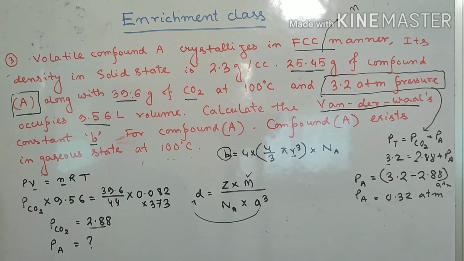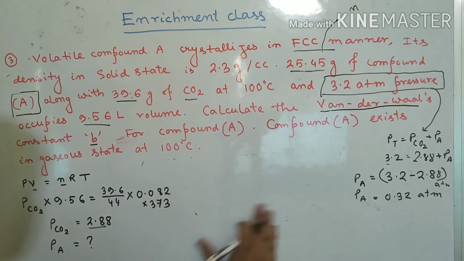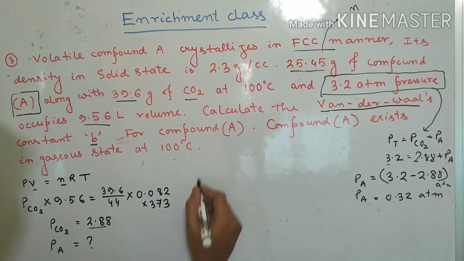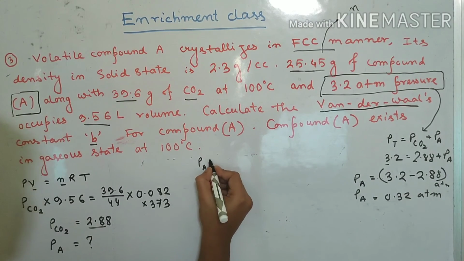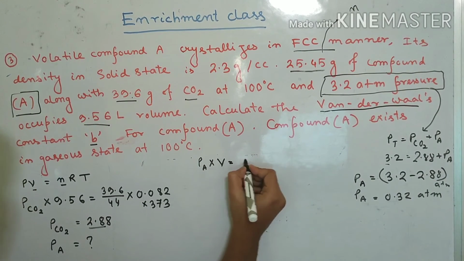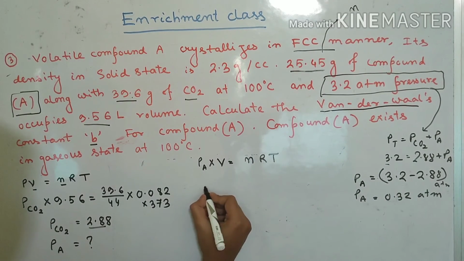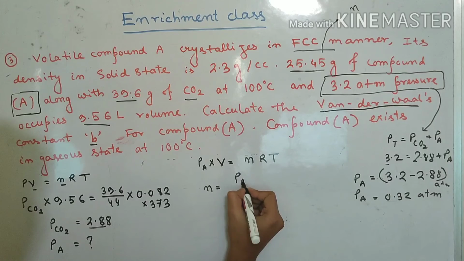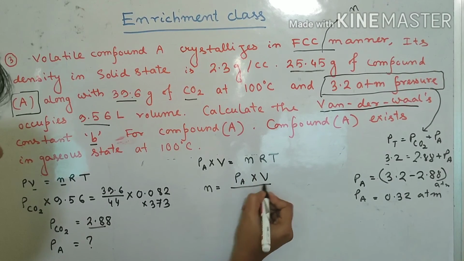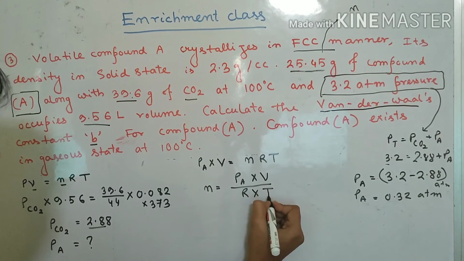Now what we should do is, we have to calculate the number of moles of A. So for that, over here we can write PA into V is equal to nRT. So n should be PA into V by RT.